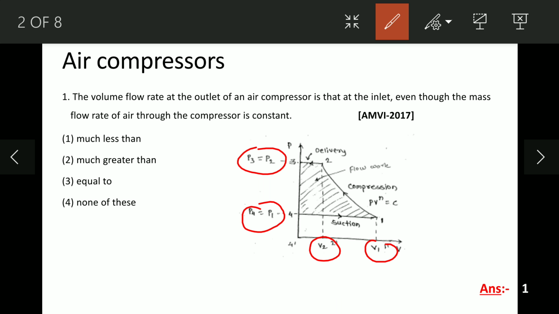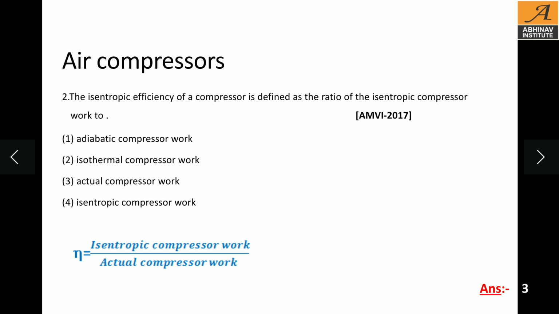Okay, so at the exit of the compression process, volume is very small as compared to inlet volume for the same mass flow rate. It indicates that the volume flow rate at the end of the compression or at the exit of the compression is much less than the inlet. So option 1 is correct.